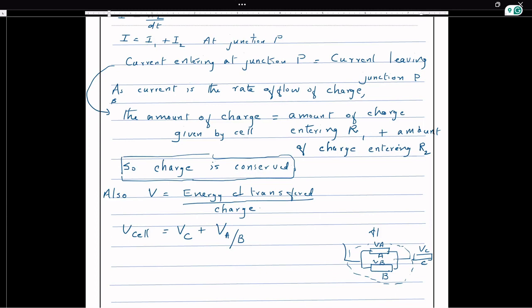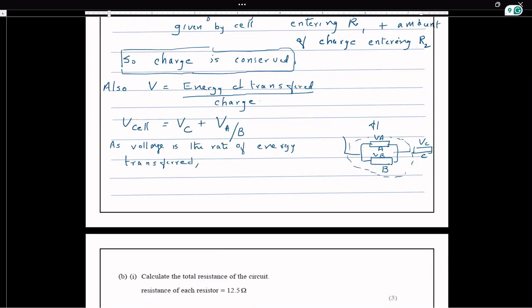So we know that voltage, or PD, is the rate of energy transferred. We can write energy transferred from the cell, that is, the voltage of the cell means it is giving an amount of energy transferred by the cell.